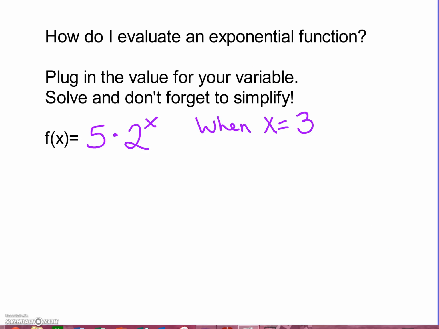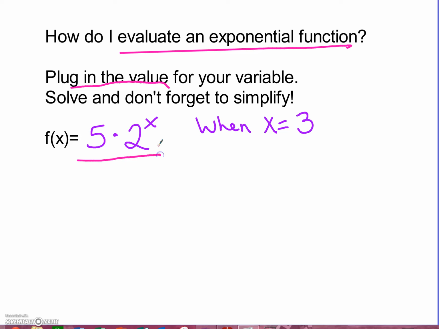Then we go to how do I evaluate if it's in exponential form or function form? All you have to do is plug in the value and then simplify it if you need to. You're probably going to get word problems with this, but in a nutshell, just to show you how to do it, you have to pick out that information, which I want you to be able to do on your own. But how do I do this?